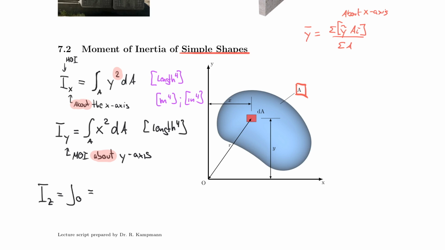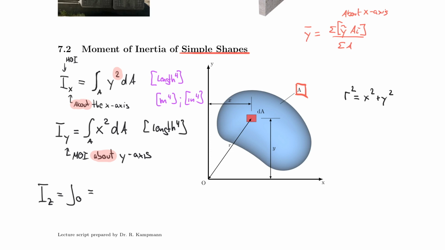And now the question is, how do you calculate that? But the answer is already given in this picture, right? You have r here, you have y here, and you have x here. And remember from your basic trigonometry or geometry classes that r squared is equal to x squared plus y squared in this example.